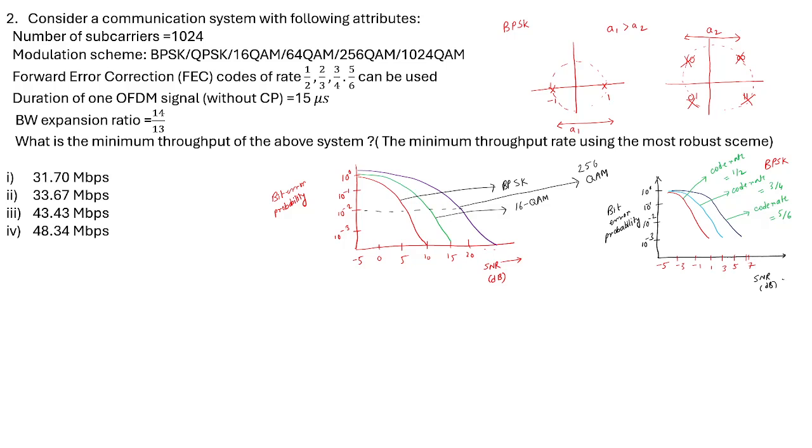So we can see from that example that the lower the code rate, the more robust your transmission scheme is going to be, because lower code rate means you are introducing more and more redundancy, maybe in different formats, maybe just a repetition code, maybe zero padding or a cyclic prefix or something like that. But whichever way you are introducing redundancy, you are making your transmitted data bits more robust to channel failure.